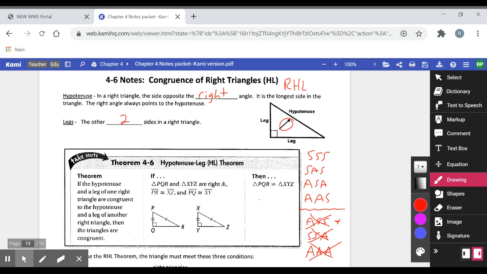So if it's a right triangle, which we can see from the right angles, and if there's a pair of legs congruent in each, and if the hypotenuse is congruent for each, along with that right angle, which we can see here and here, then it is a way to prove triangles congruent. So we're just going to add to our list here that right hypotenuse leg is an option, or like I said, hypotenuse leg, you'll see it sometimes.